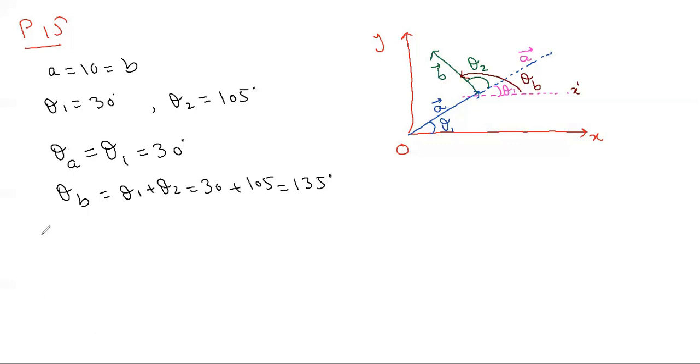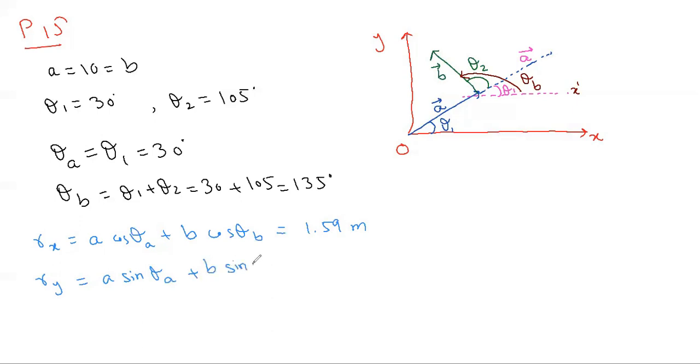Rx will be A cos of theta A plus B cos of theta B. We have the values of A, B, theta A, theta B. Just put them in the equation and we will get an answer of roughly 1.59 meters. Similarly, Ry will be A sine of theta A plus B sine of theta B. This is just vector addition via components, and it will be 12.1 meters.